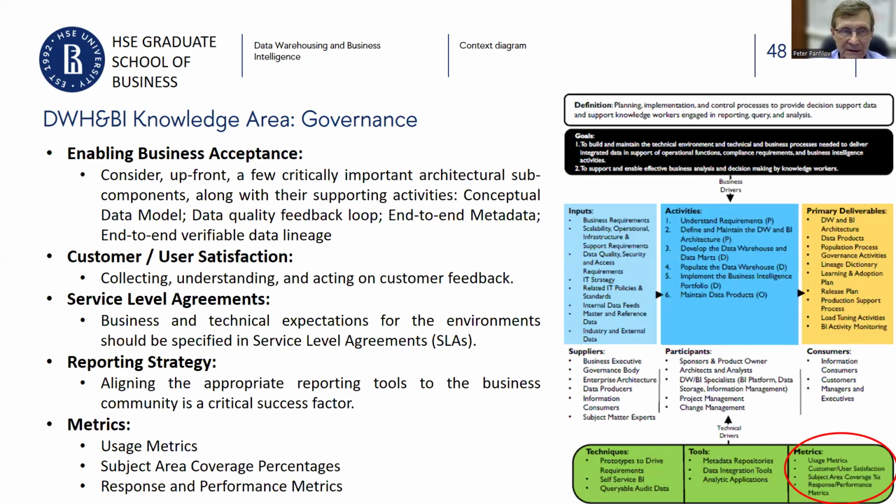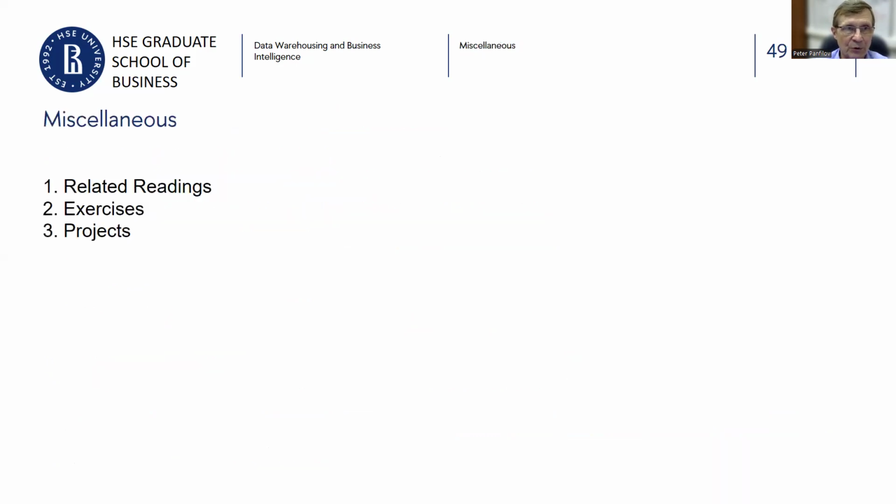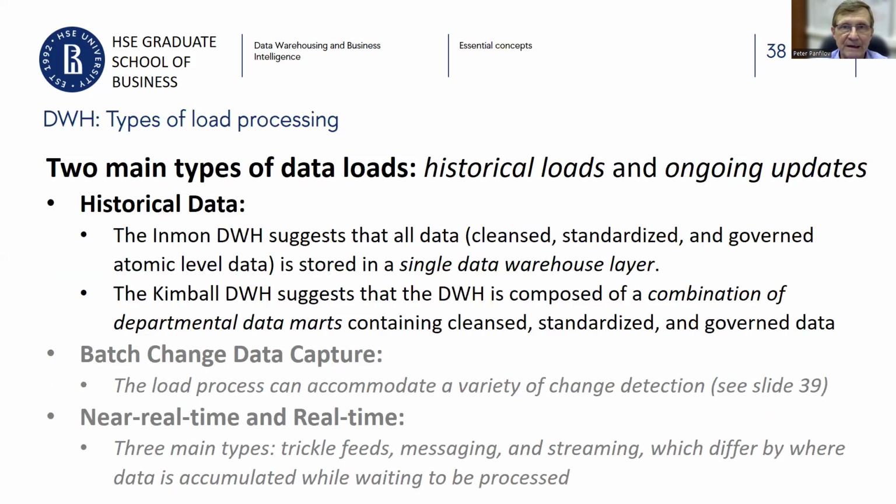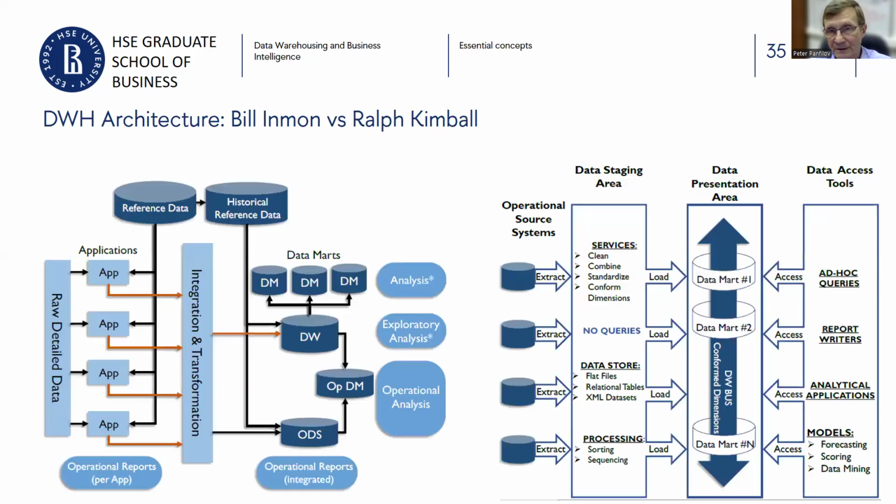But again, for us at this point, it is important to understand the basic architectural solutions. You see there are two approaches to build your data warehouse. We can use the Inmon approach.